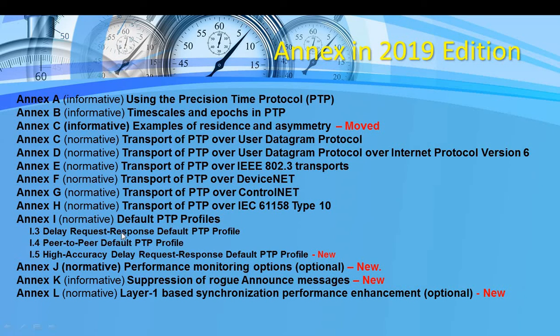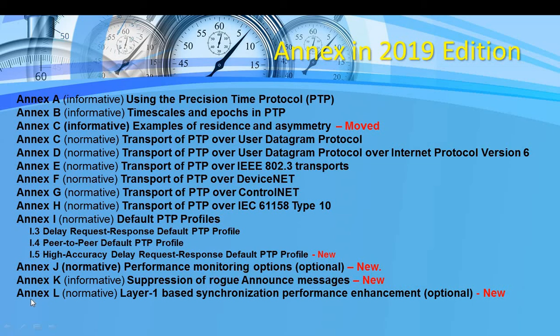Here, in the 2008 version, there are only two profiles. One is called the delay request-response default profile, and also the peer-to-peer default PTP profile. But the 2019 version introduced one new PTP profile, the high accuracy delay request-response default PTP profile. That part is new. Annex J performance monitoring option.